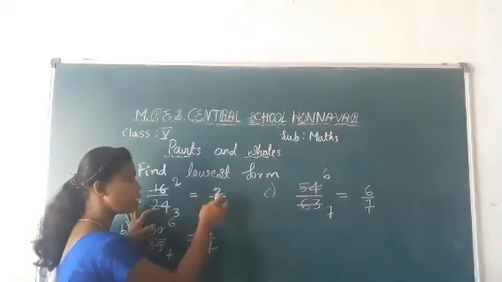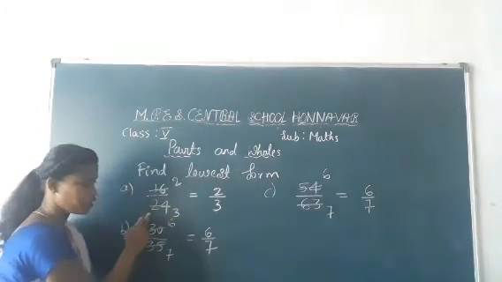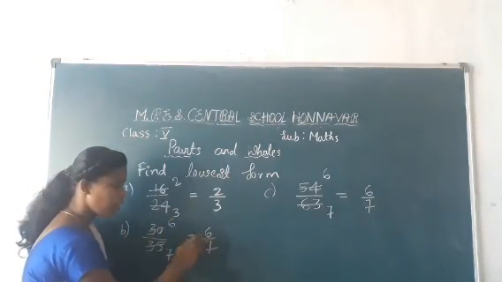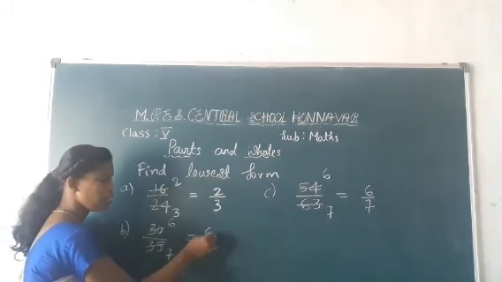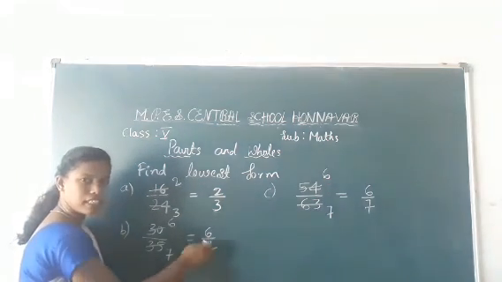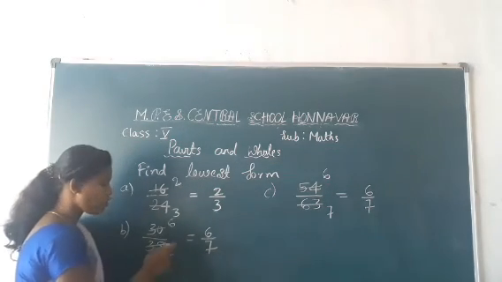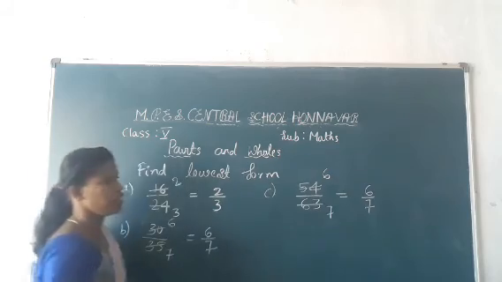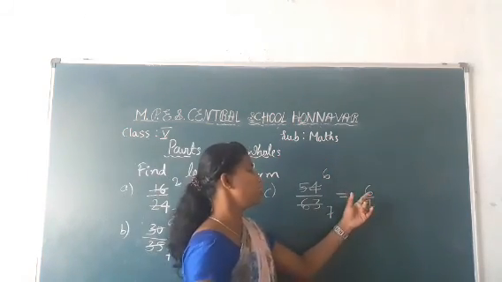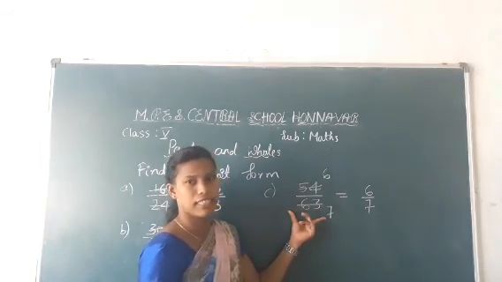So 2 by 3 is the lowest form of 16 by 24. Like this, 6 by 7: again we can't divide 6 by 7, so we can't reduce 6 by 7 to a lower form. So this is the lowest form of 30 by 35. Like this, here also 6 by 7 is the lowest form of 54 by 63.